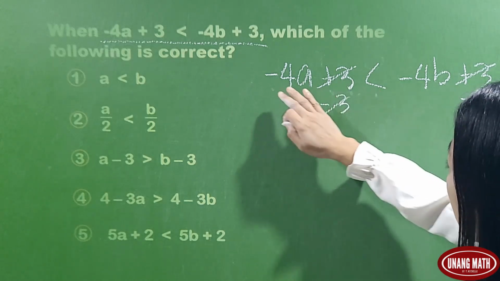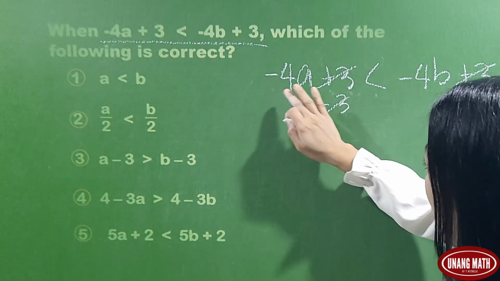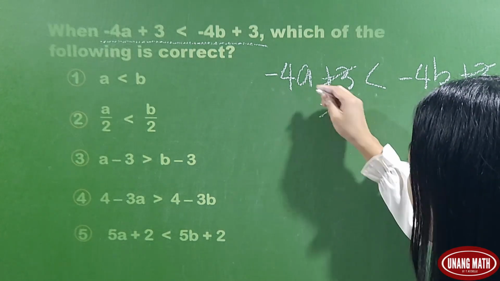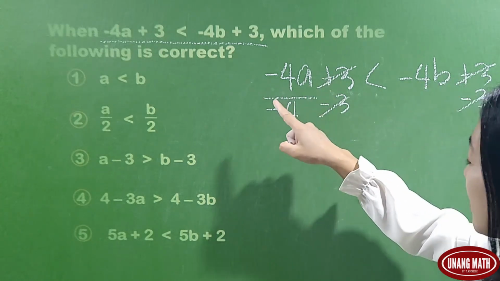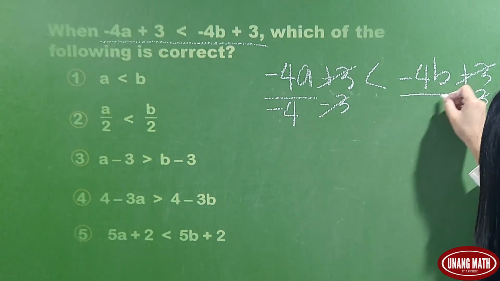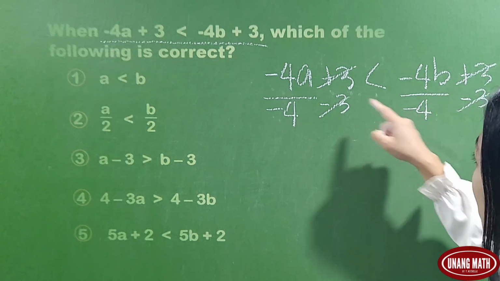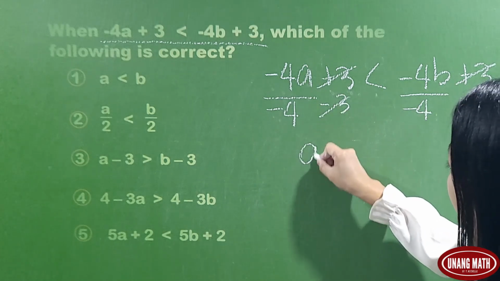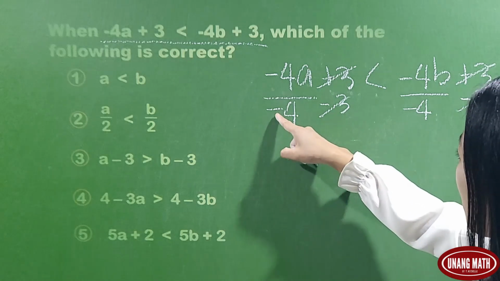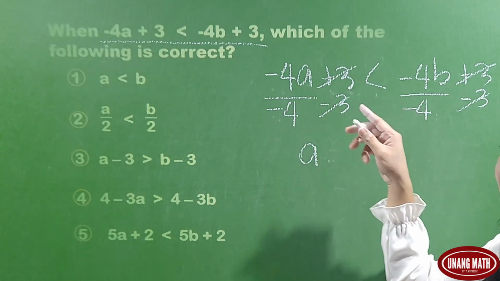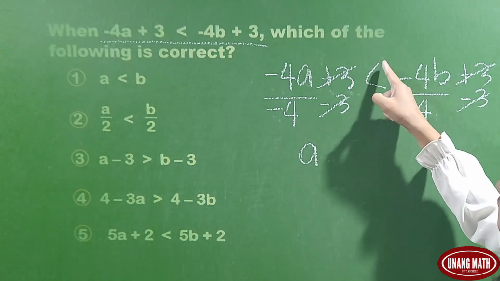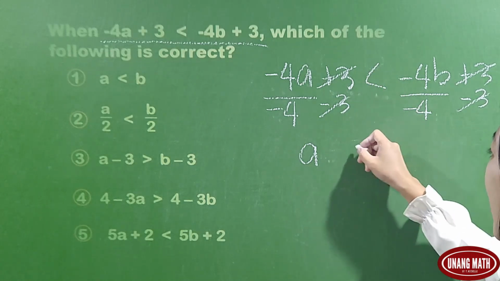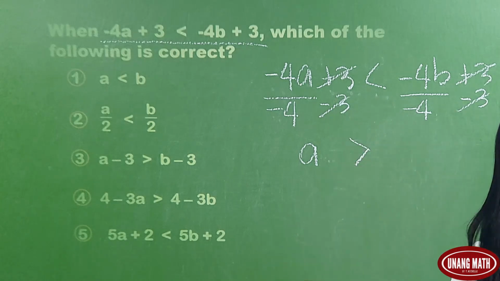Now, since we are trying to simplify this one, let's divide both sides of this inequality by negative 4. So here it is divided by negative 4. So we only have here a, and since we divided both sides of this inequality by a negative number, the less than sign will now reverse or change.